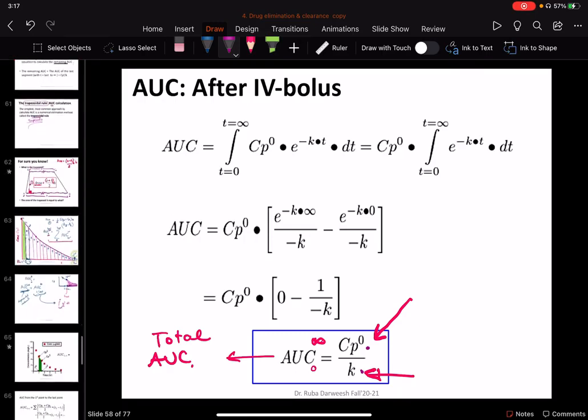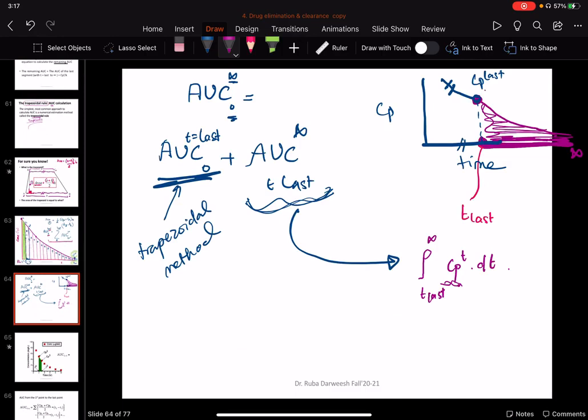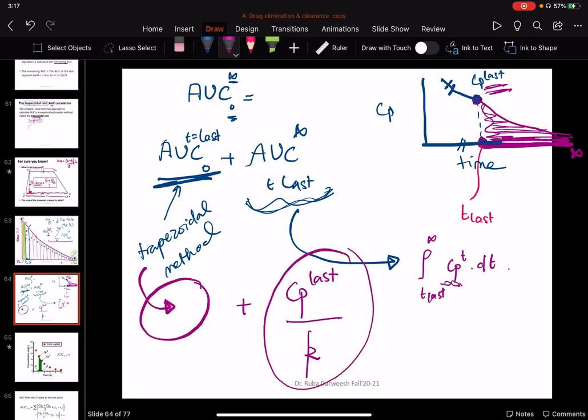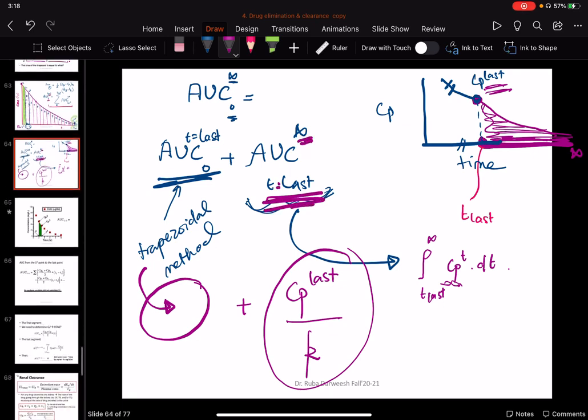What would be the case if I integrate but from CB last rather than CB naught? This would give me CB last over K. So after you do the sum of all of the trapezoids that you have, you still have the area under the curve from T last until infinity, which would be equal to CB last over K according to whatever we know.